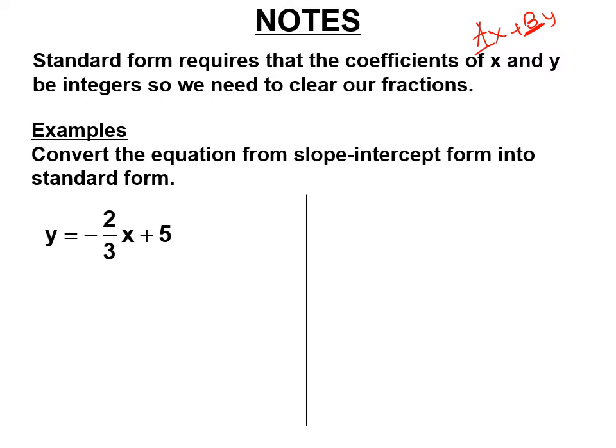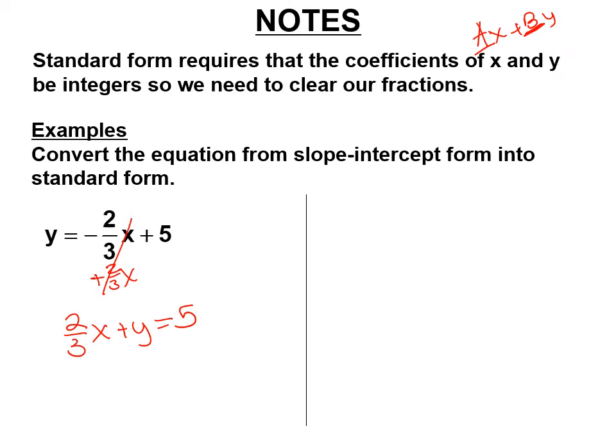So let's add 2/3 x to both sides. We're going to clear the fraction second here, okay? And we're going to get 2/3 x plus y equals 5. Now, could you have cleared the fraction first? Yes, but I think it's going to be a little easier to do it this way. So then we have to multiply everything by what?